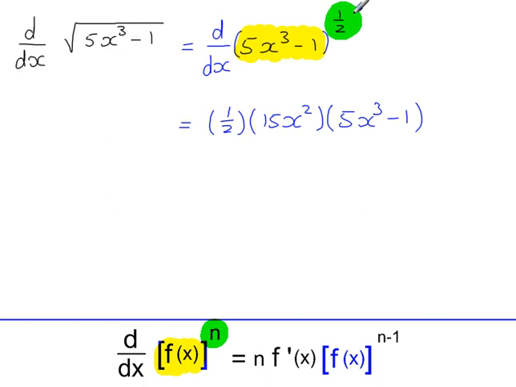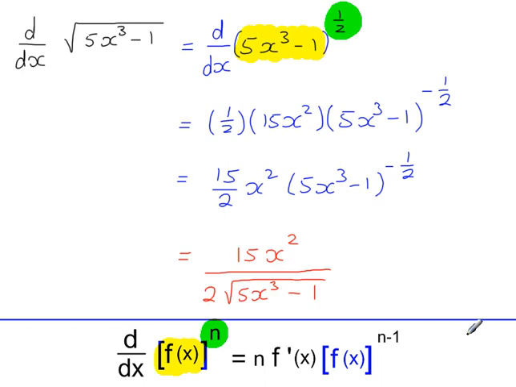So we have to subtract 1 from the original power to give minus a half. Or we can write the derivative in surd form.